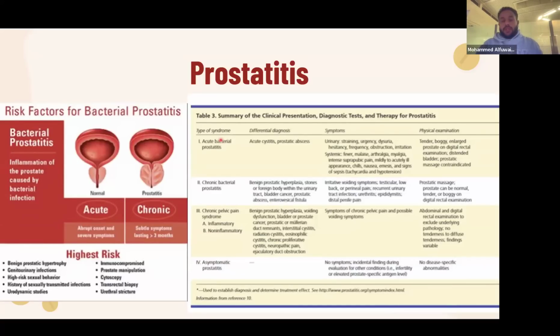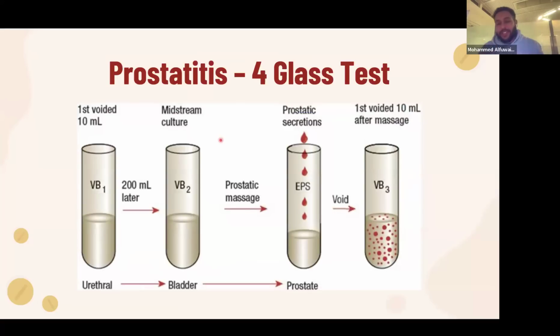So when you're diagnosing, in prostatitis, you have the 4-glass test. Now, the first portion of urine that you collect, where is it coming from? When the patient first starts urinating, where is the urine from? Urethra. Does this hold any value if you're trying to diagnose cystitis or prostatitis?